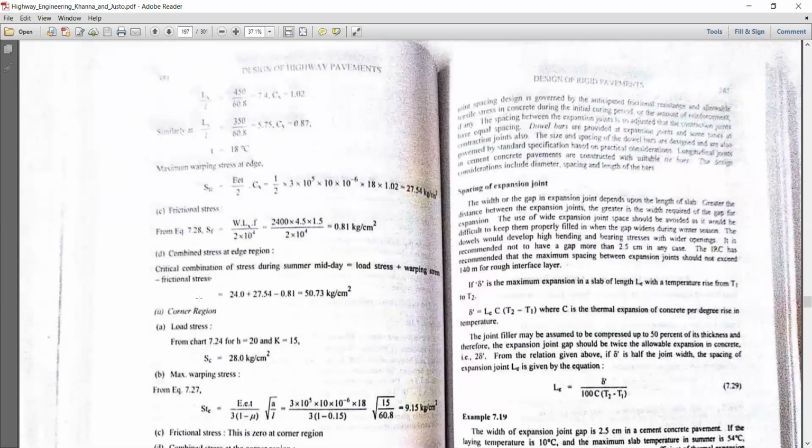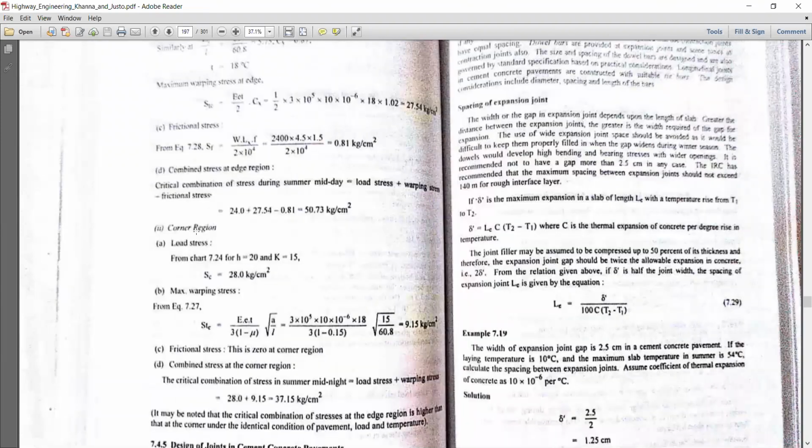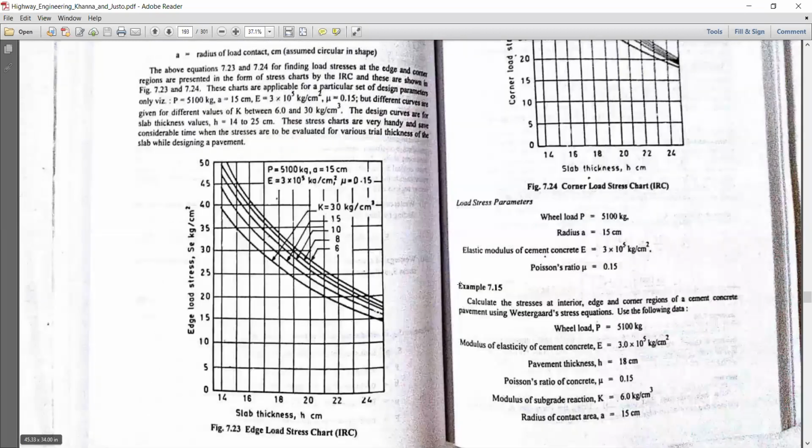Like that, corner region can be calculated. Coming to the corner region, load stress. Again, by referring to the chart, we can calculate the corner region. Take the reference of H is 20 and K is 15, and come to the chart. Yes, this is H, and here is corner stress.